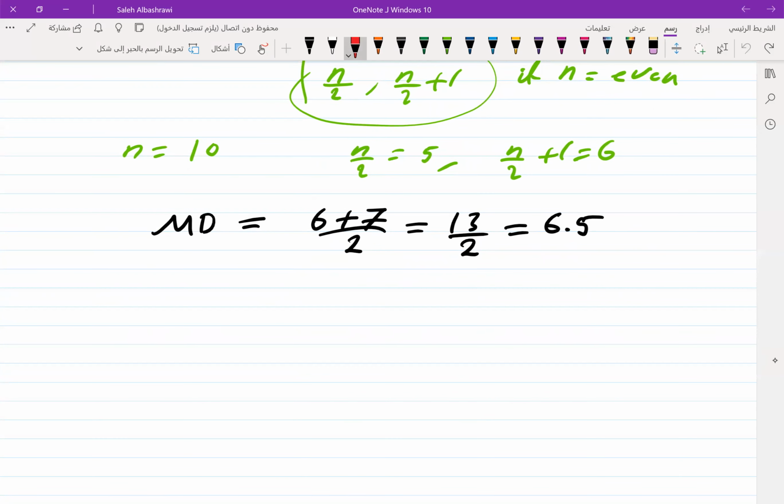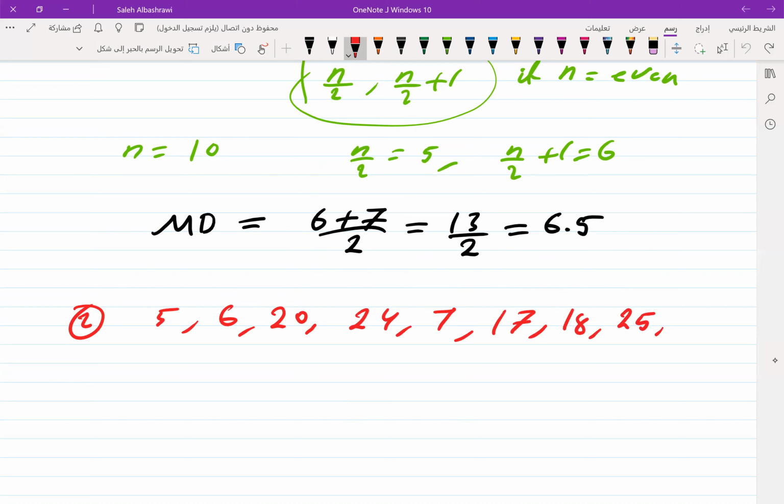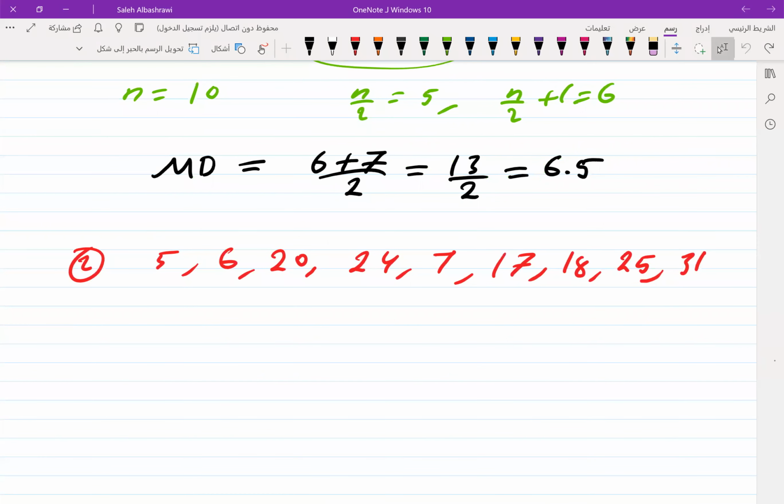So another example, for that I have 5, 6, 20, 24, 7, 17, 18, 25, 31. And I need to find the median for these values. Let's arrange the values from the lowest to the highest.